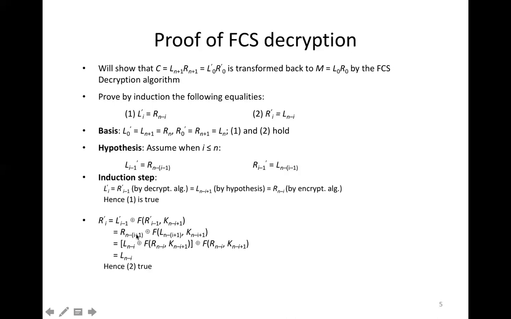It should be minus 1 here. So this is a typo, or you get rid of this parentheses. And then exclusive OR. We know R sub i minus 1 prime is equal to this. We'll put this in. Again, this should be minus 1. And we use this same round key.